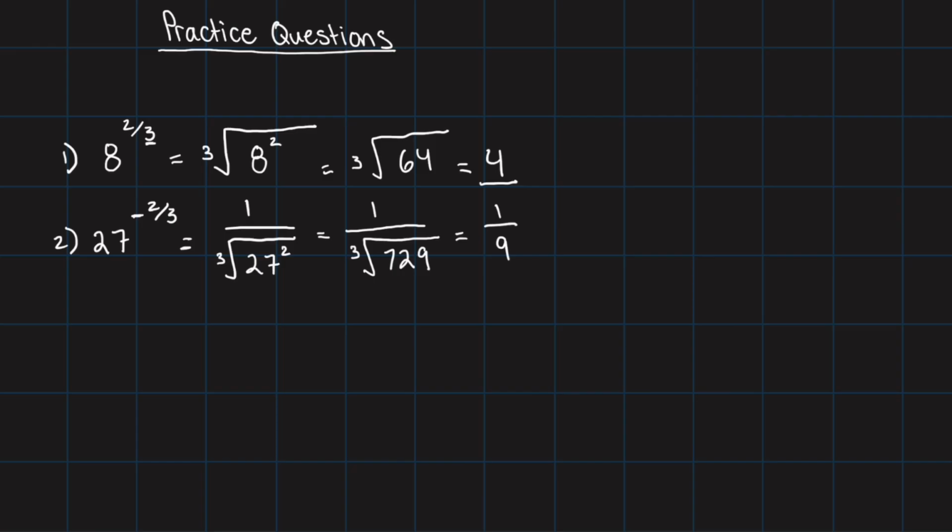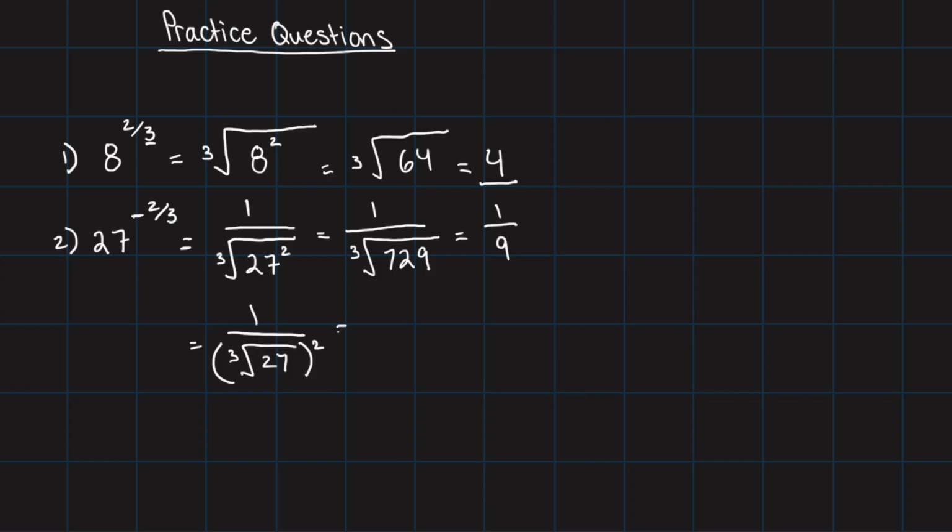Now, another thing to remember, this was one way of doing it, but you could have also, say we have 1 over the cube root of 27, you could have ended up squaring this entire thing and you would have gotten the same answer.